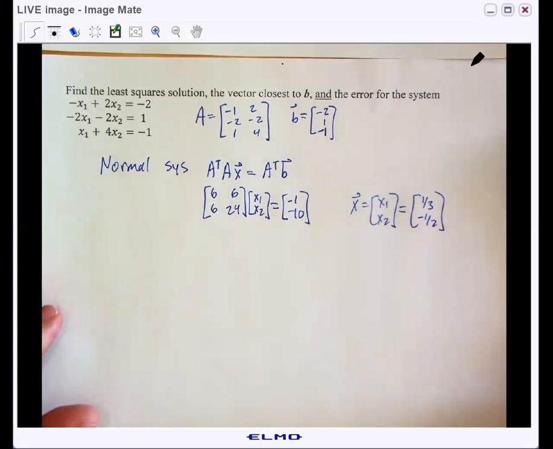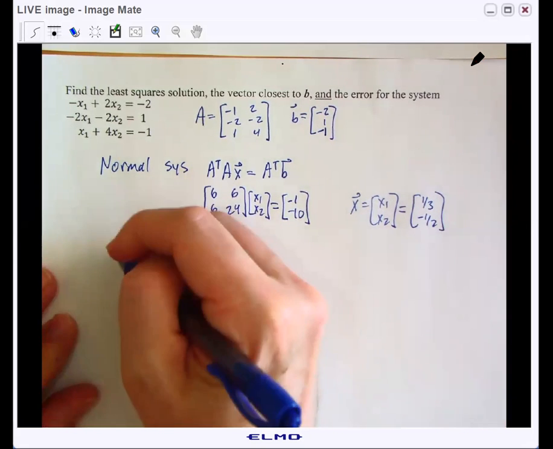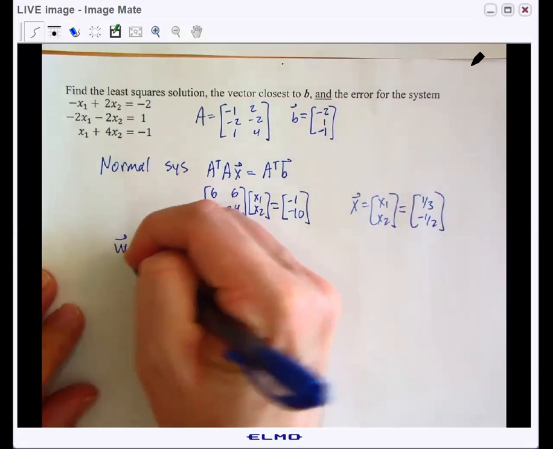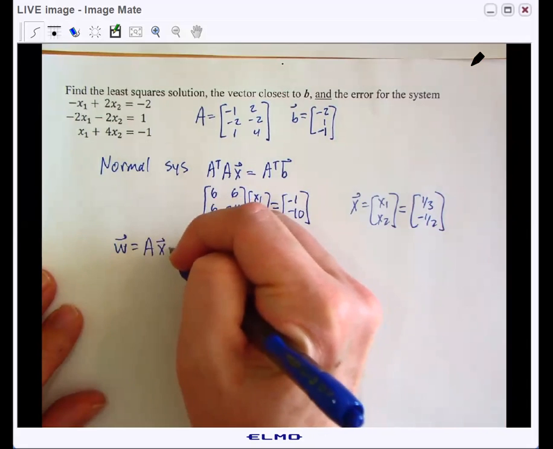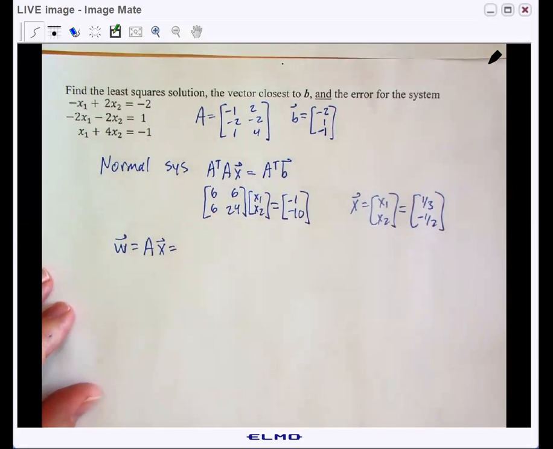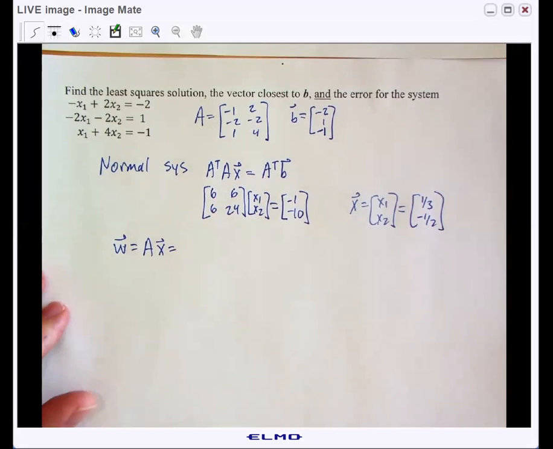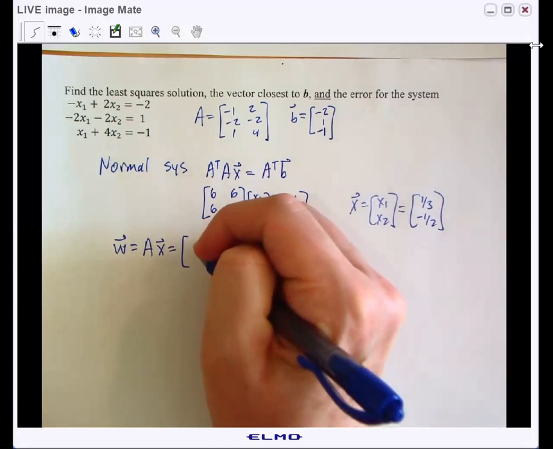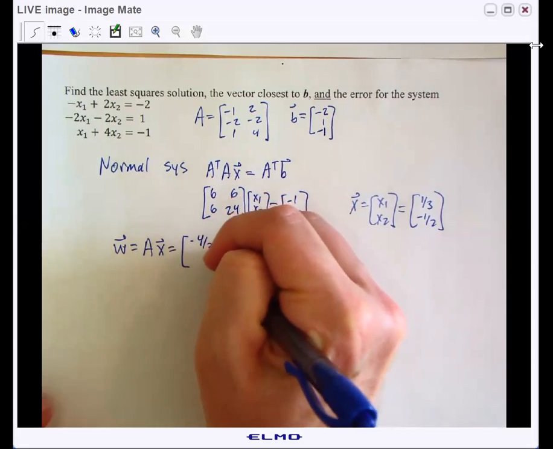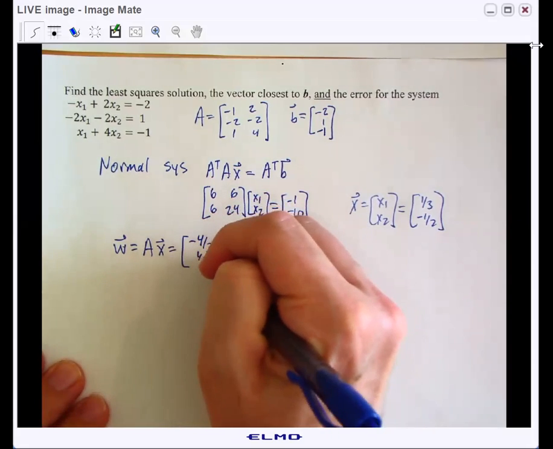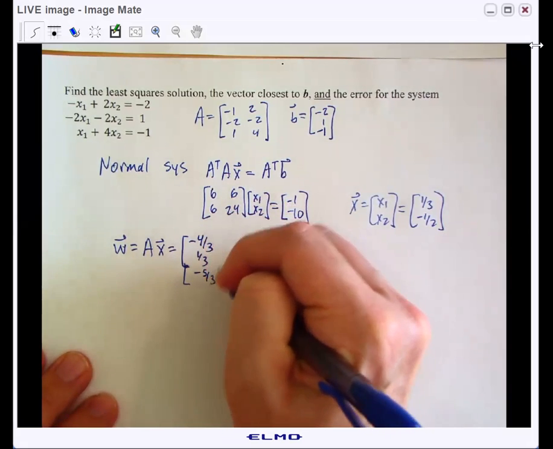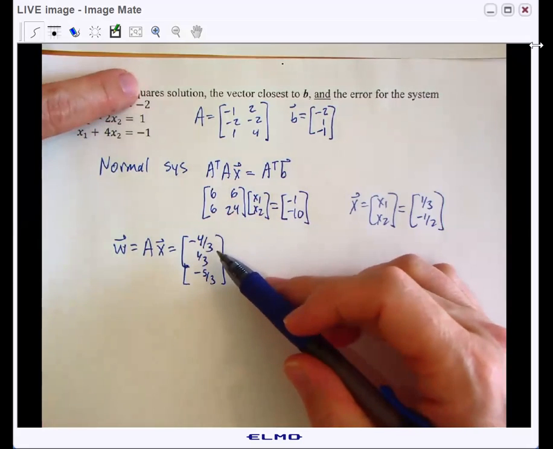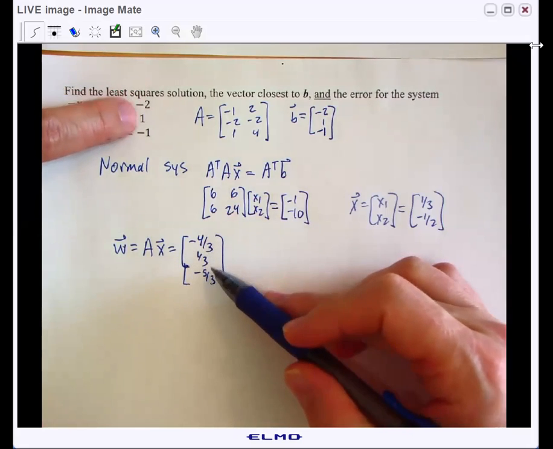And so let's use that to find out who the W vector is that's in the space that we can make. And as we've seen, that W vector is A times the X vector. So let's punch that in on our calculator. When I do that, I get negative 4/3, 1/3, and negative 5/3, which is sort of close to the negative 2, 1, and negative 1 that I wanted.